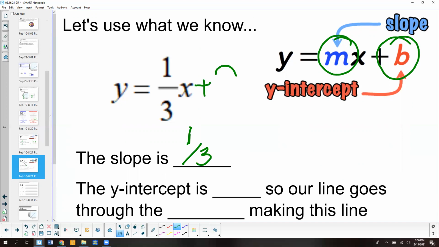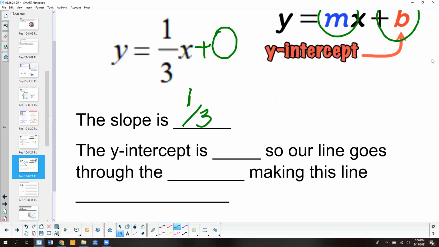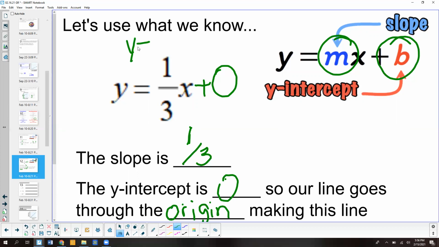So there's just an imaginary plus 0 after that. So our y-intercept is going to be 0, meaning our line is going through the origin. So this line is going to be proportional because it's going through 0, 0. All right, and remember, that's just written in that y equals kx formula that we've been talking about.